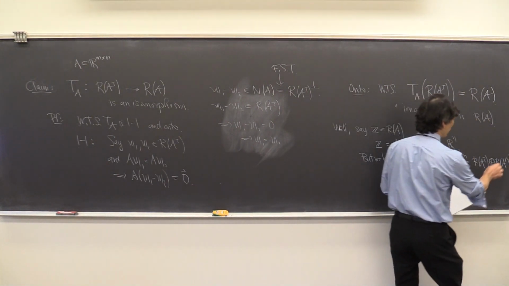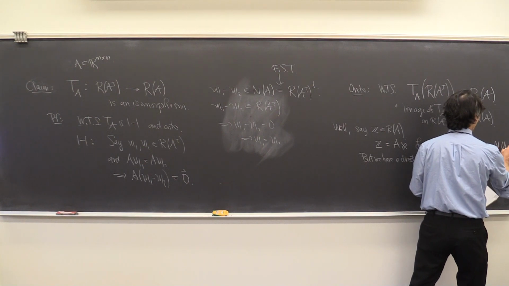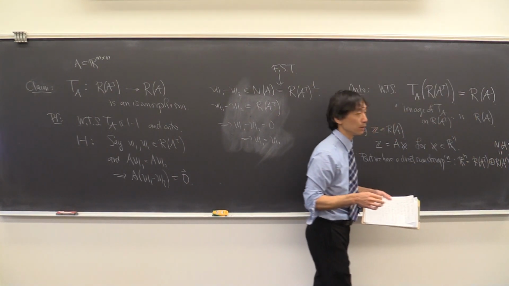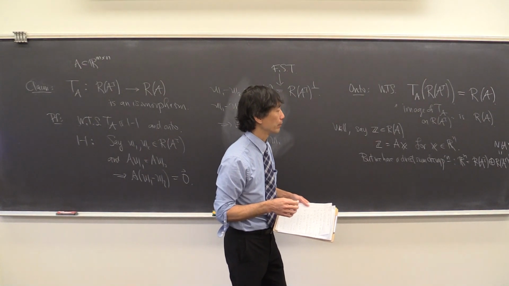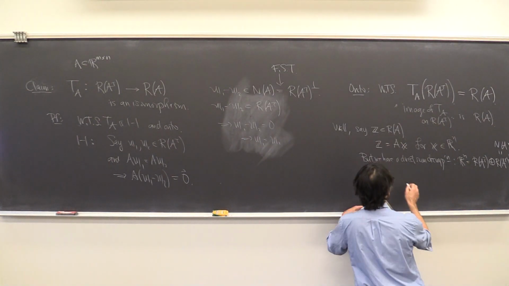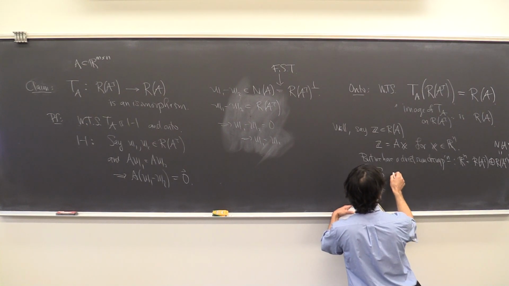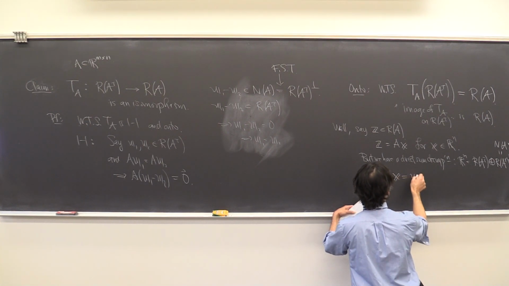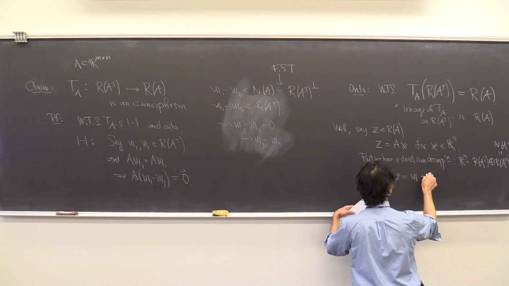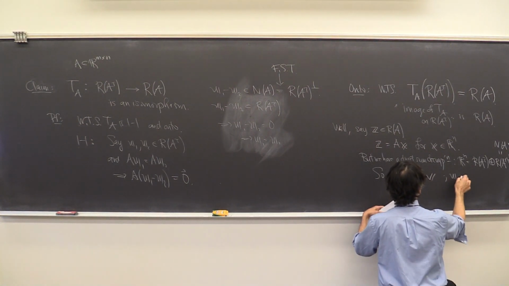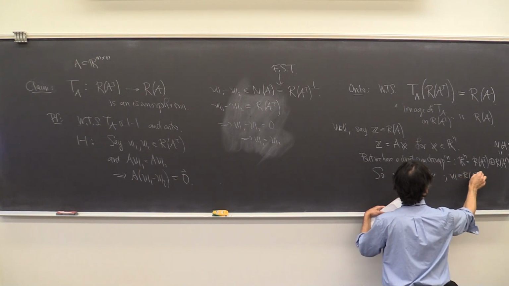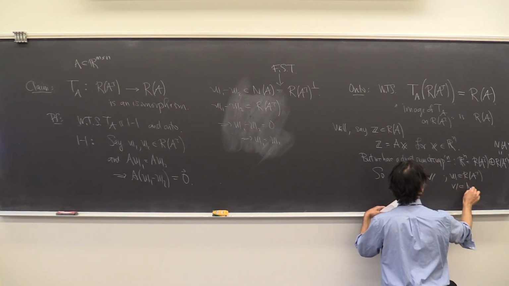But the range of A^T perp, by the fundamental subspaces theorem, as we've said already, is the same thing as the null space of A. So X can be written as U plus V, where U is in the range of A^T, and V is in the null space of A.